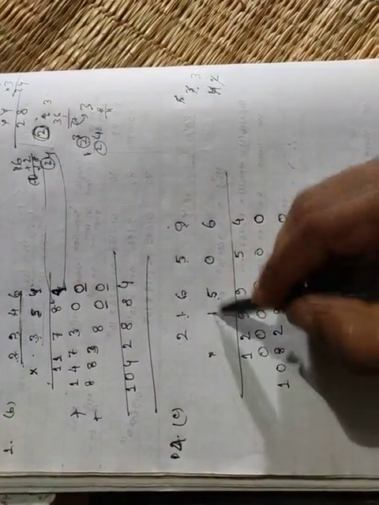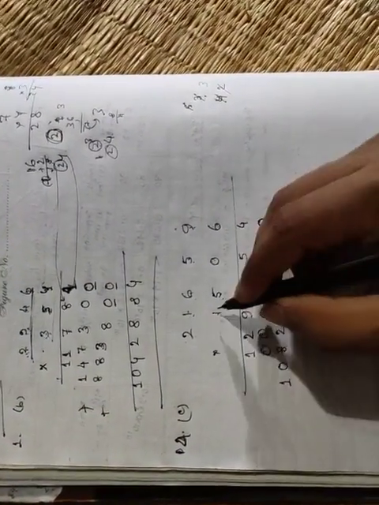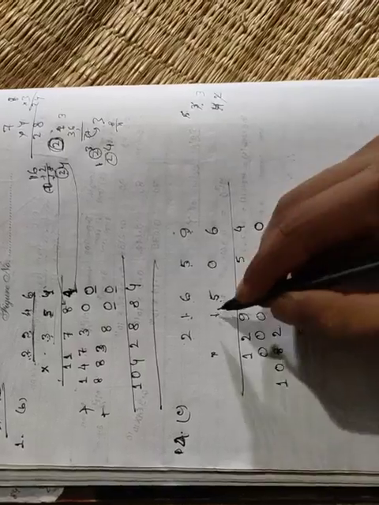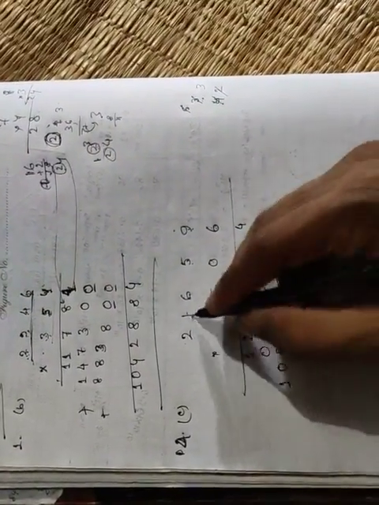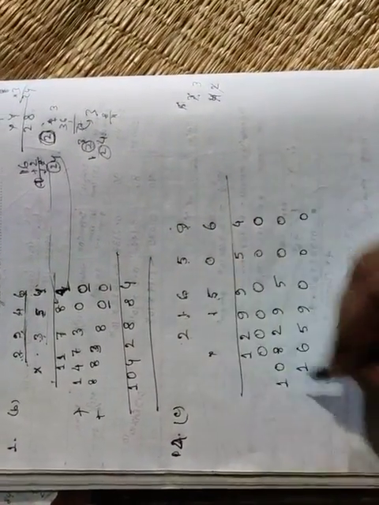Now multiplication: 1 9 is 9, 1 5 is 5, 1 6 is 6, 1 1 is 1, 1 2 is 2.